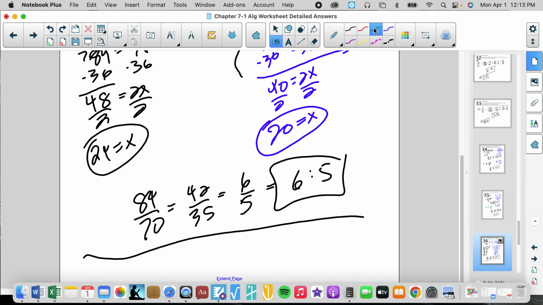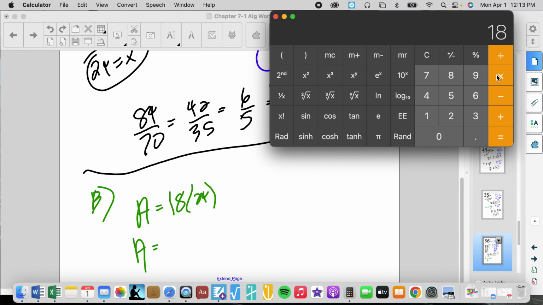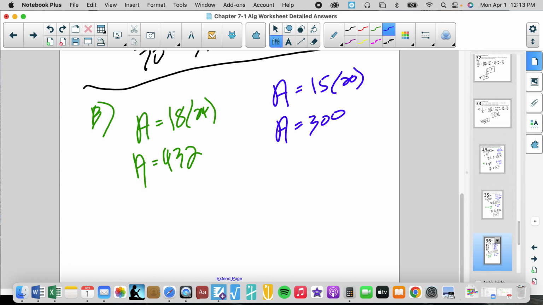And area, now that we know the sides, B for area, area equals, was it 18 by 24? 18 times 24, 432. And the area of this one is going to be 15 by 20, which is 300 again. So that area ratio is 432 over 300, which is 2.